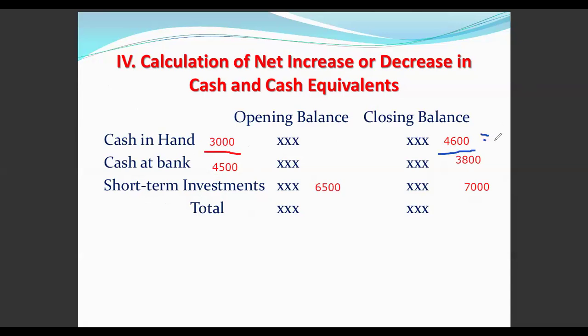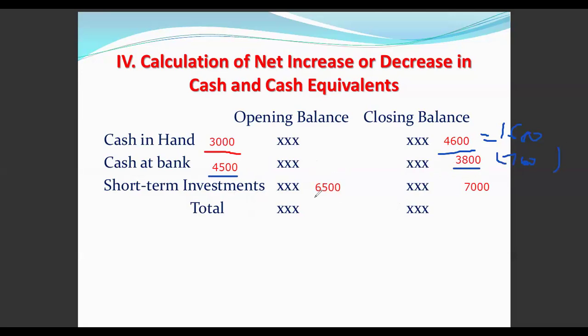It means the amount of 1,600 is received. Cash at bank was 4,500, but it turned to be 3,800. So it indicates 4,500 minus 3,800, so 700 cash is applied. So it is a minus, so I'll write it in brackets.